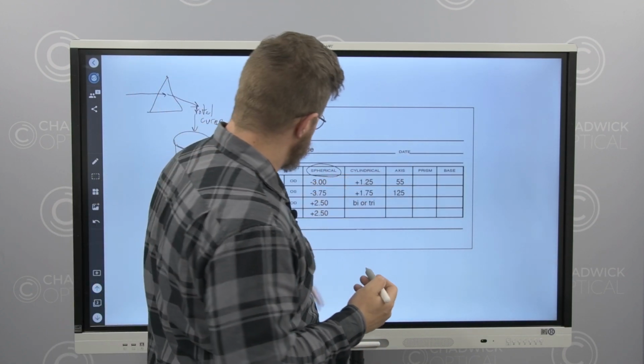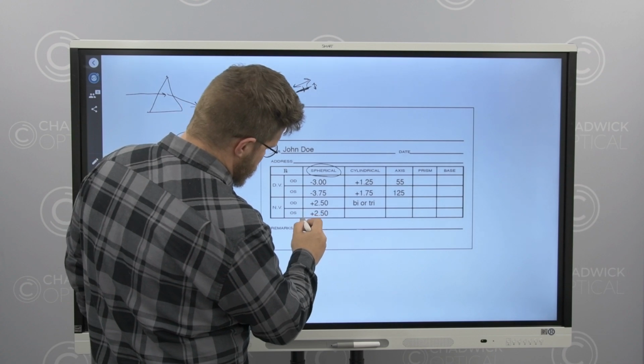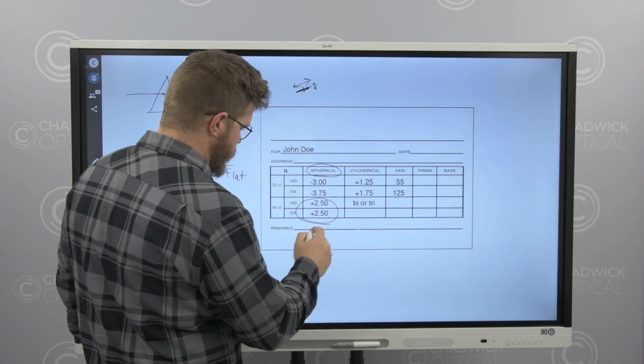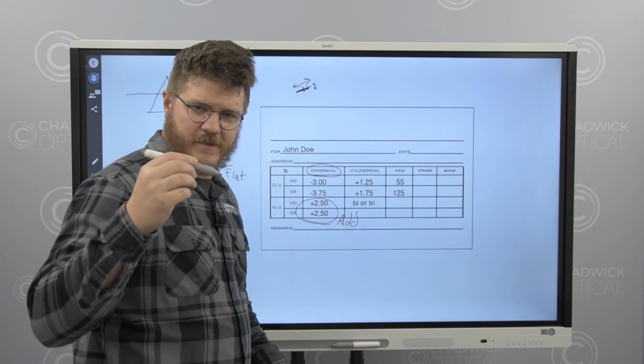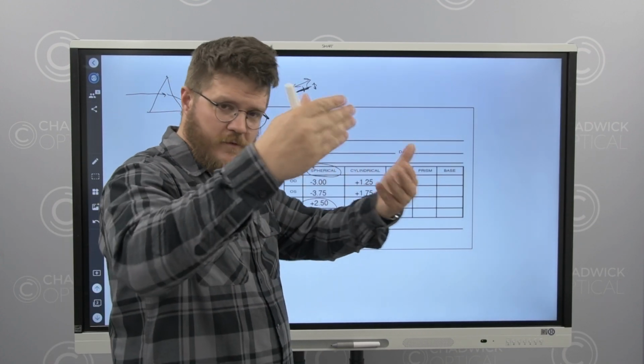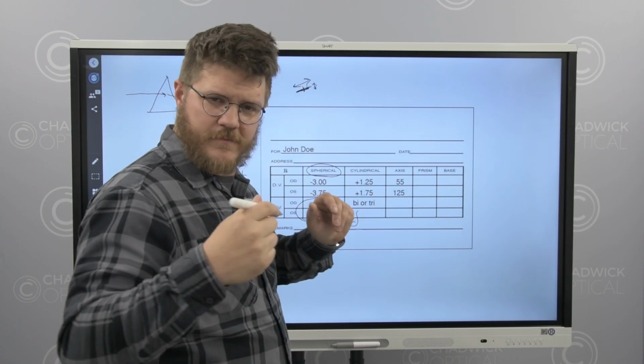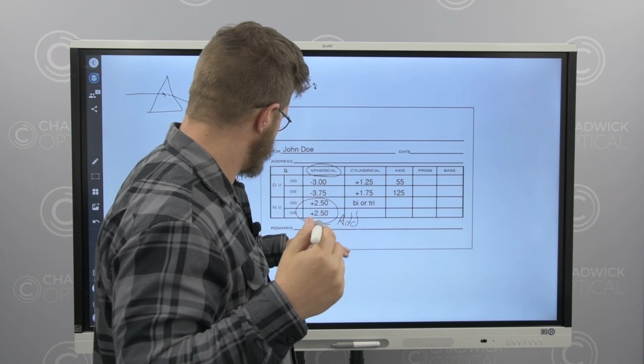Now, the other thing that exists is this, which is called the add power. I recently went over the age of 40, which is an unpleasant experience. My knees hurt.